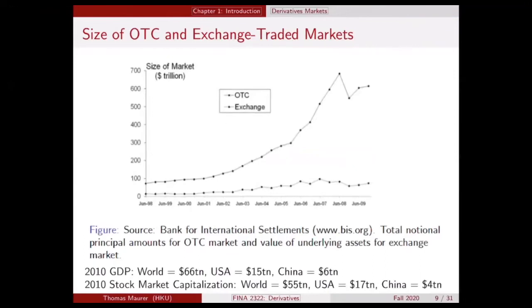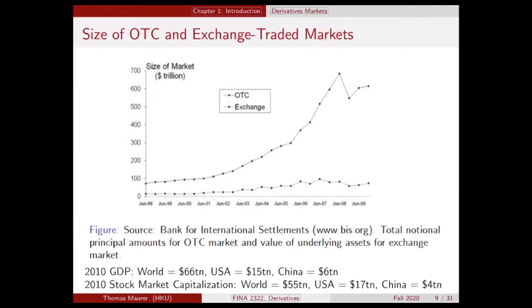Okay, now why is there such a big difference between OTC derivatives markets and exchange-traded derivative markets? Well, the reason is most likely due to the fact that there's much less regulation in over-the-counter traded derivatives.